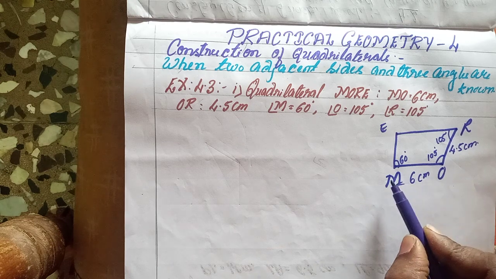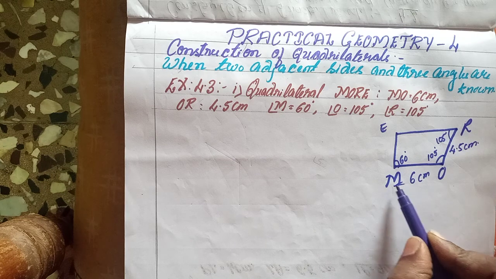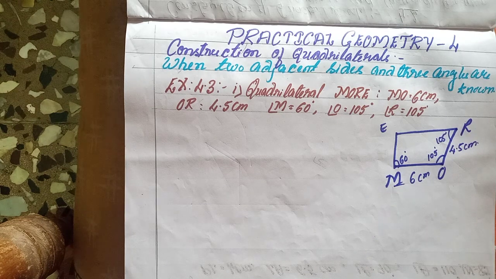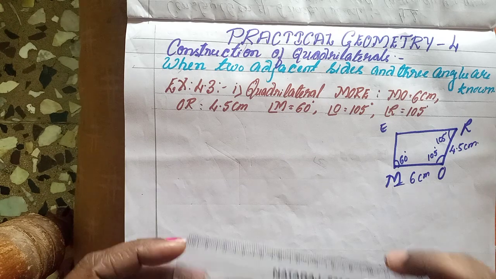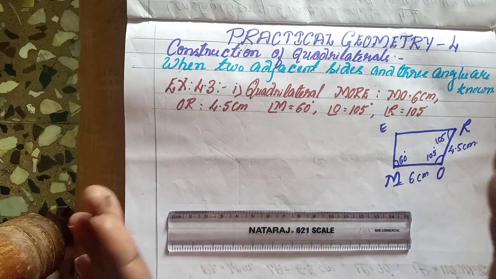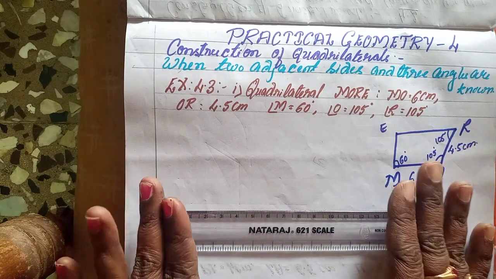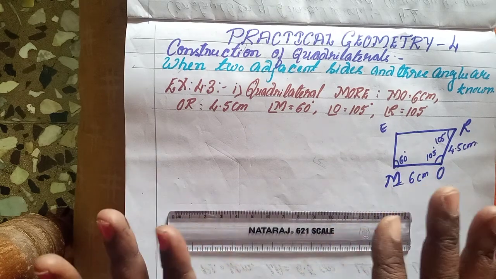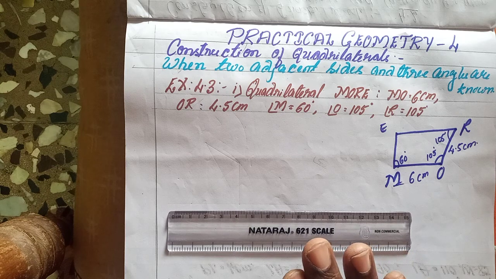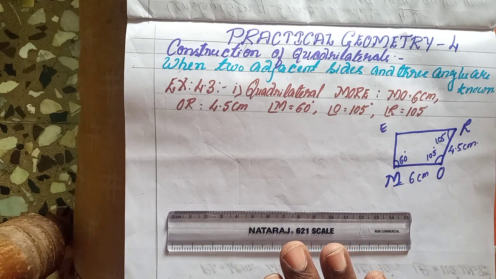Now we are going to construct the quadrilateral. Therefore, first, by observing the rough sketch, take MO as the base. Here, students, I am using sketch pens to draw the constructions to get a clear picture for you, but you have to use only pencils.